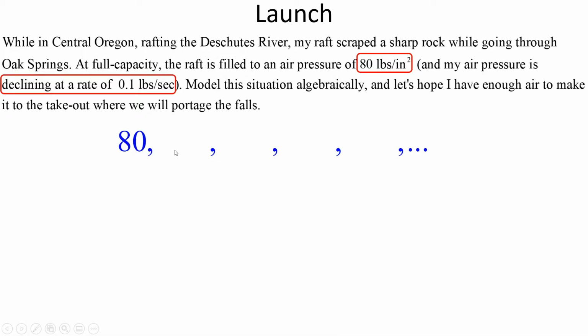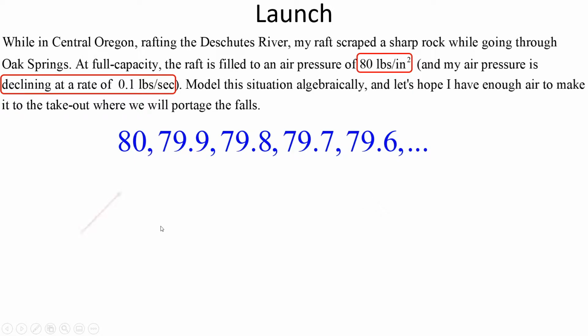So in 1 second there'd be 79.9, 79.8, 79.7, and 79.6. It looks like with these numbers we're probably going to have to do a broken y-axis when we graph. We might even change our x scale on our table a little bit. And like we said earlier, this 80 will be at 0 seconds. So second 0 right there.